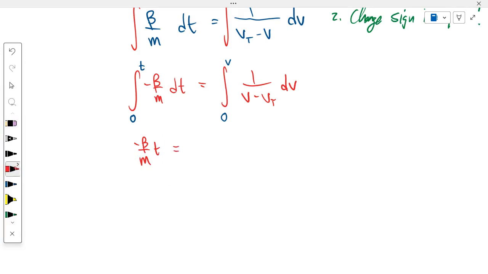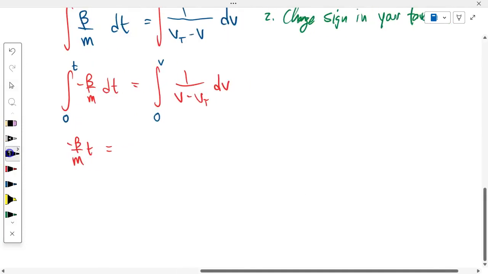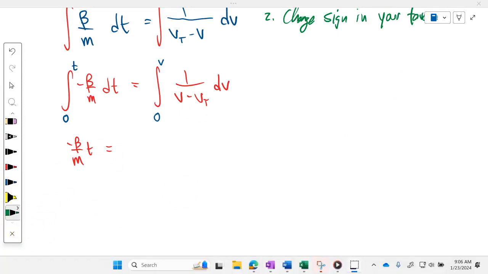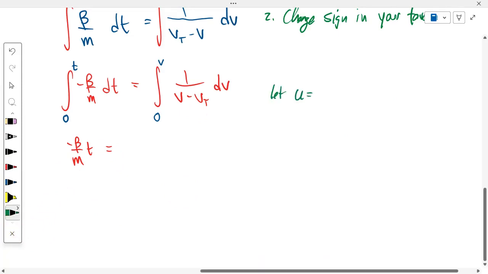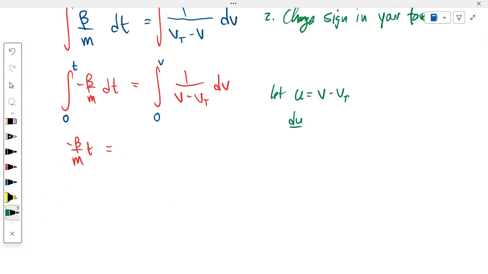Now this side, if you want to be formal, we could do a u substitution if you'd like. You probably don't need to, but the u sub might look like this. Let u equal the stuff in the bottom, and then du/dV is the number 1, and therefore du equals dV. And so this thing really turns into 1 over u du.